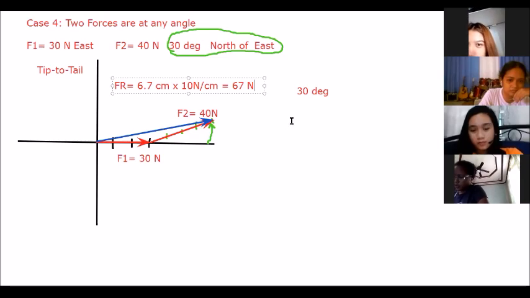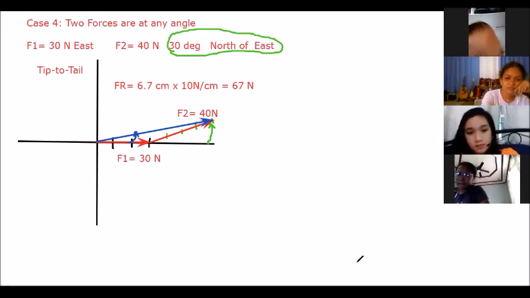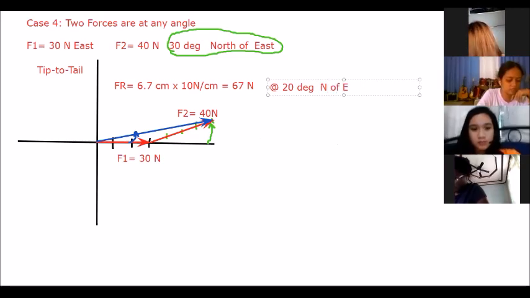How many degrees is our angle? 30. So we will mark our angle, guys, and that angle is this one. So it is directed at 30 degrees, still north of your east.